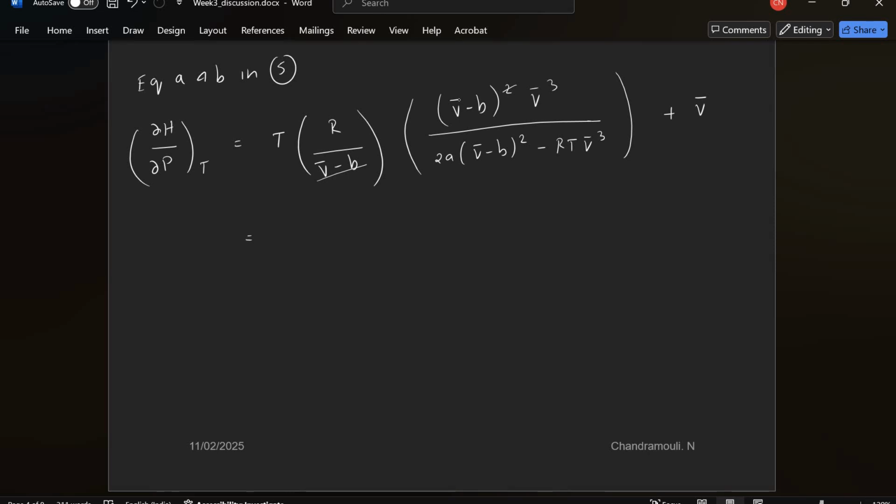If we rearrange the terms, what we will end up getting is quite interesting. We will have RT V bar cube into V bar minus B, over 2A V bar minus B squared minus RT V bar cube, plus V bar.